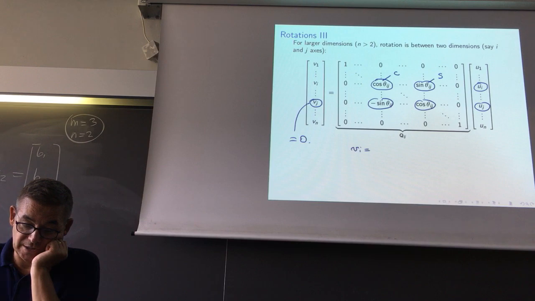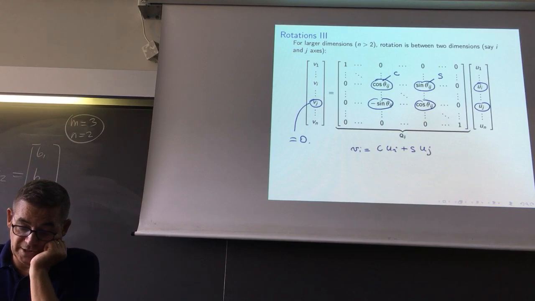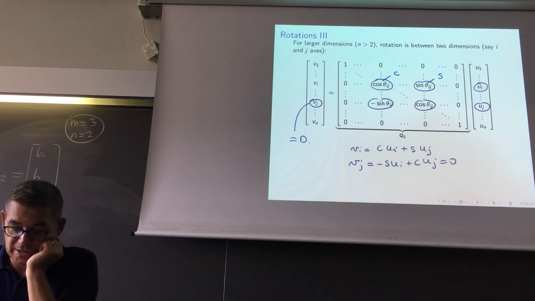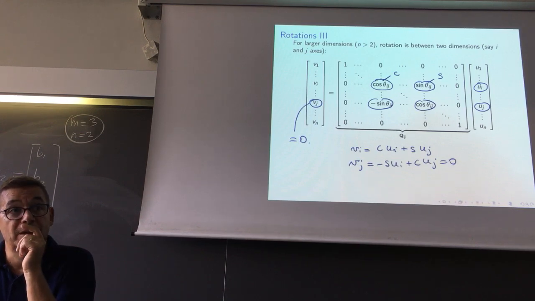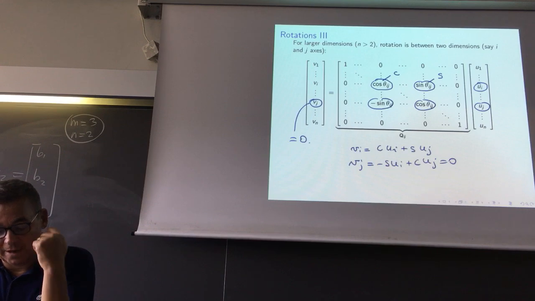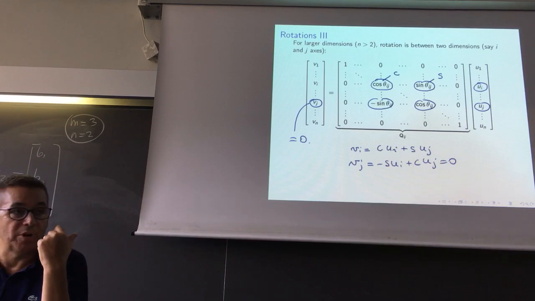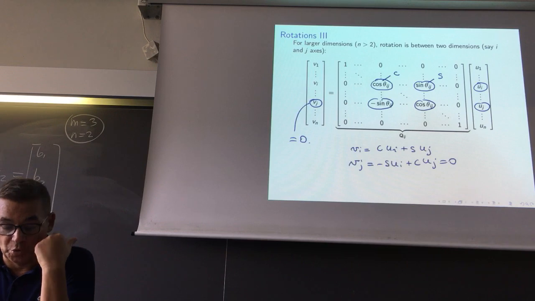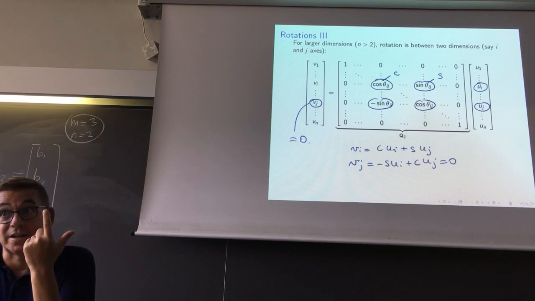Okay? So this is Vi equals C Ui plus S Uj. Then I have Vj. Vj is equal to minus S Ui plus C Uj. Okay? Let's suppose that I want to make it equal 0. So my set of equations has to be written to calculate C and S. But remember, these are angles.